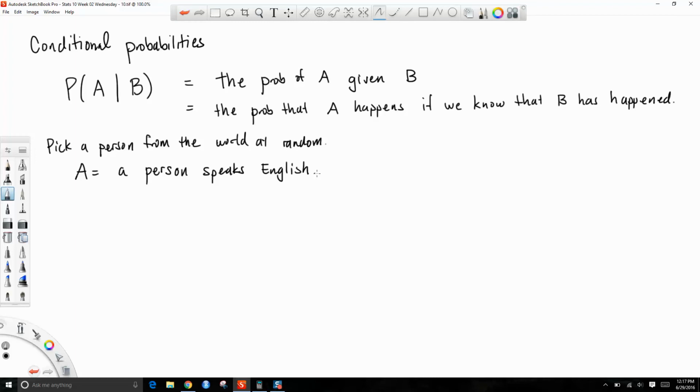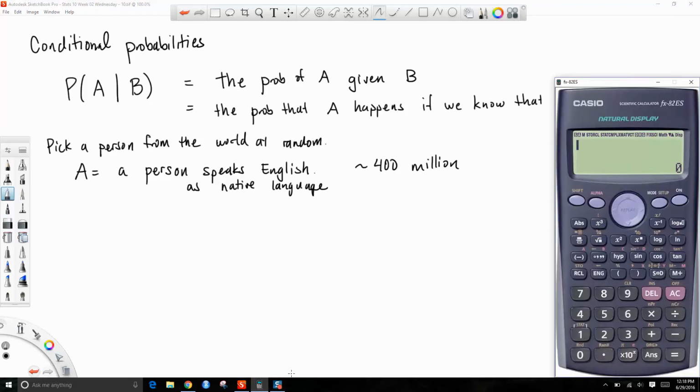All right. So A is a person speaks English as their native language, and we'll just ballpark this and say 400 million. So the probability that someone speaks English is 400 million divided by, say, 7 billion people.